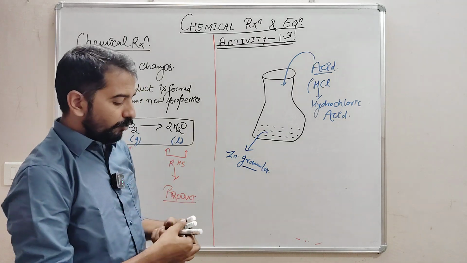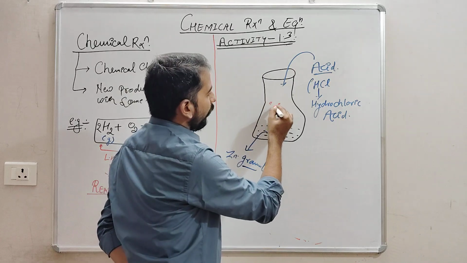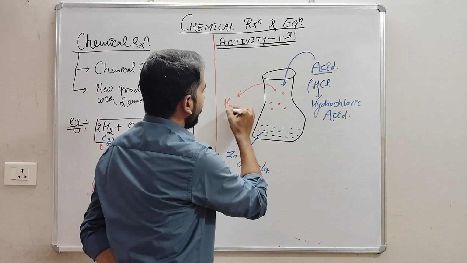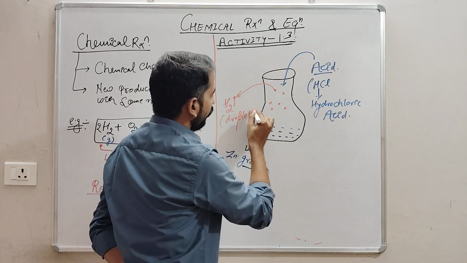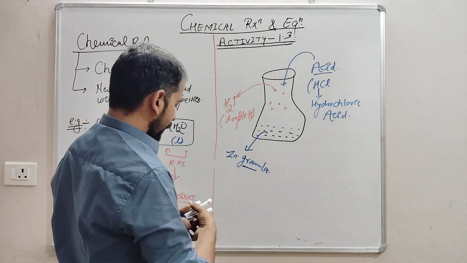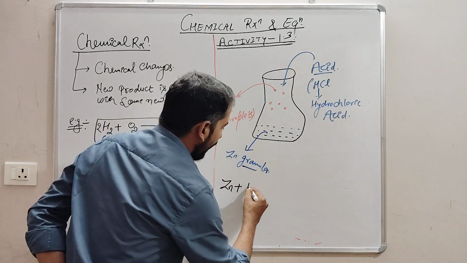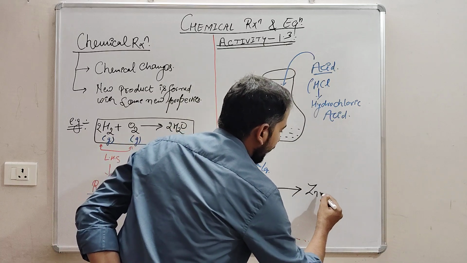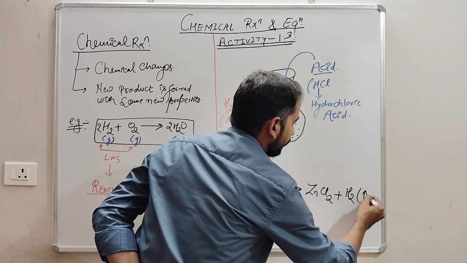Now once you add the hydrochloric acid, you will see some droplets forming. Okay, and these droplets are hydrogen gas. So now you can come to know how the reaction is forming. Okay, so we will write this is zinc plus you have added HCl. Now you are getting ZnCl2 plus hydrogen gas evolves.